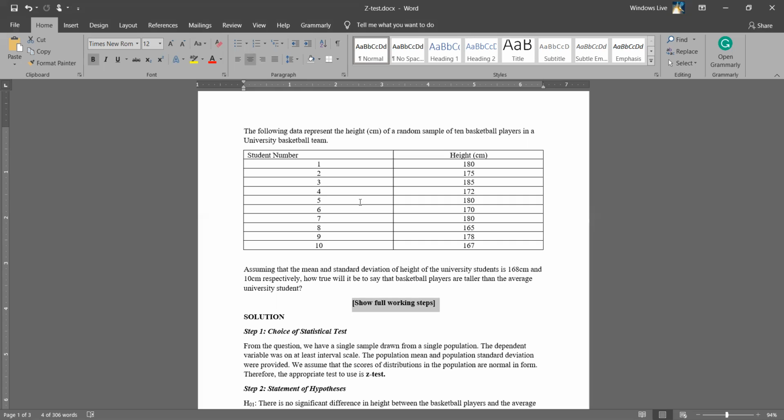Again, the population mean and the population standard deviation should be given in the question. So when you realize that any of these 3 assumptions has not been provided in the question, it tells you that you shouldn't use z-test, but rather a different test.